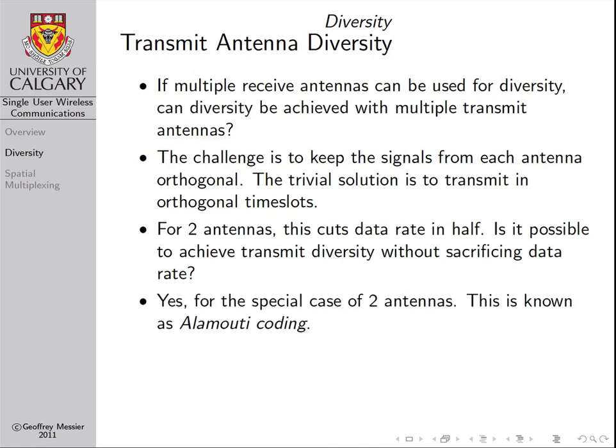For the special case of two antennas, we achieve basically the equivalent of maximal ratio combining with no penalty in data rate using something called Alamouti coding, which was a very famous diversity technique developed, obviously, by Alamouti. And so I'm going to talk about Alamouti coding for the two antenna case and show you how it works, and then I'll talk a little bit about how this is extended to more than two antennas.